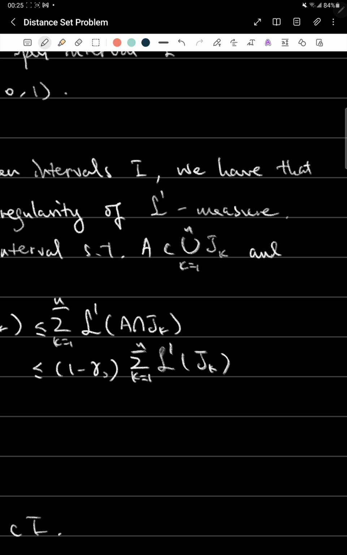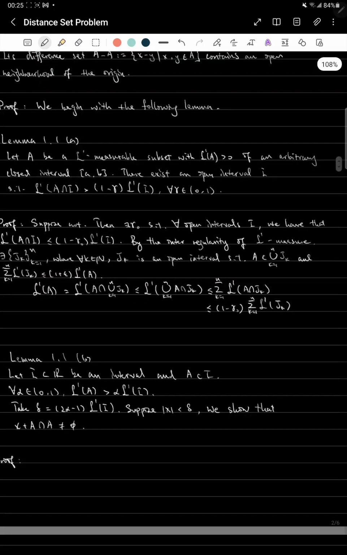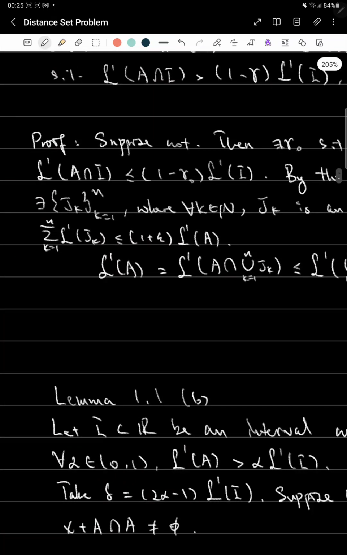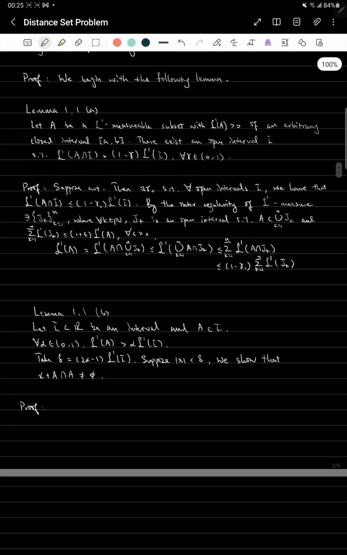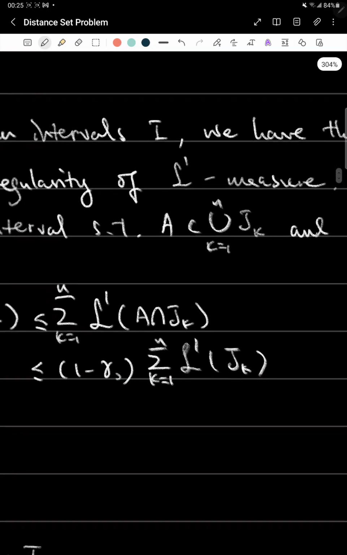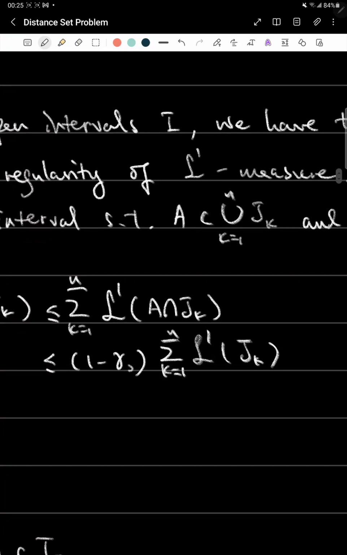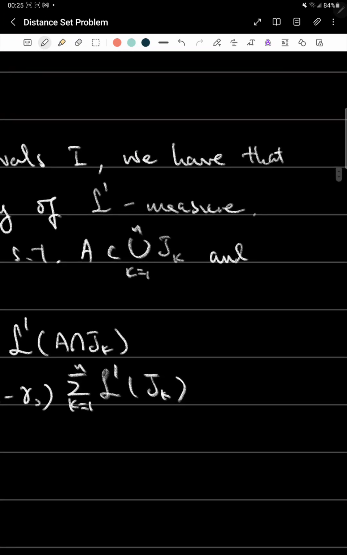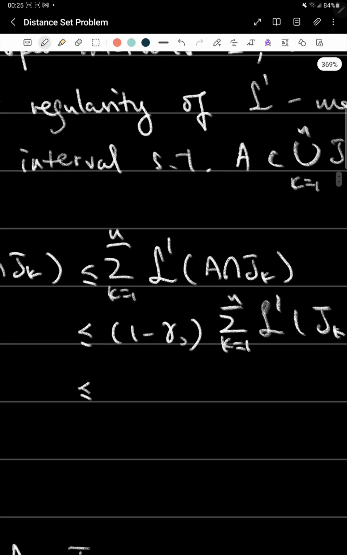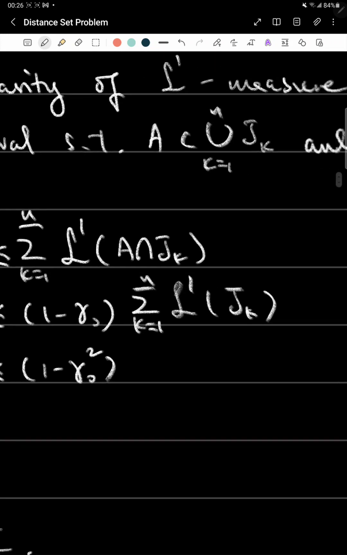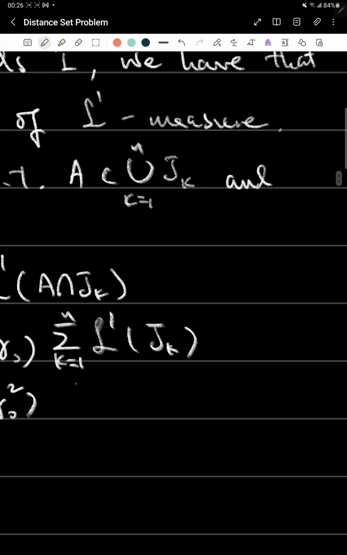And then this thing is also bounded by 1 plus epsilon, for all epsilon greater than 0. Okay. And let's take epsilon equal to 1.2 gamma 0, and then it uses something like this, making use of the difference of two squares identity.